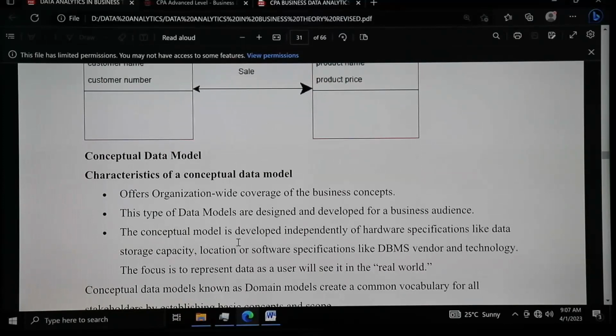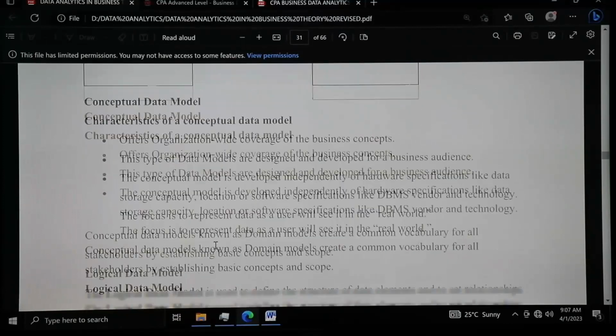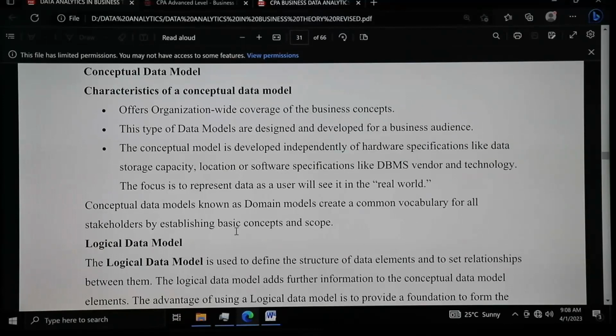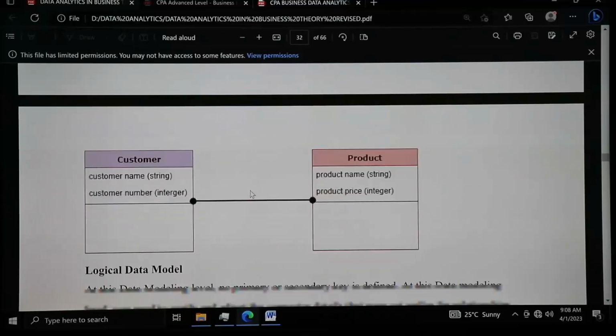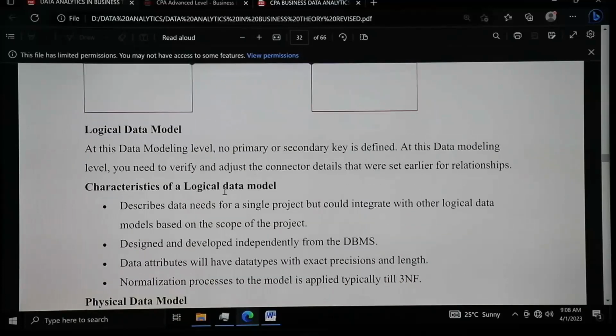The conceptual models are developed independently from the hardware. They are not connected anywhere with the hardware. It's just a separate design, normally done on a piece of paper or a whiteboard. It is a structure, a diagram. And each has its characteristics.